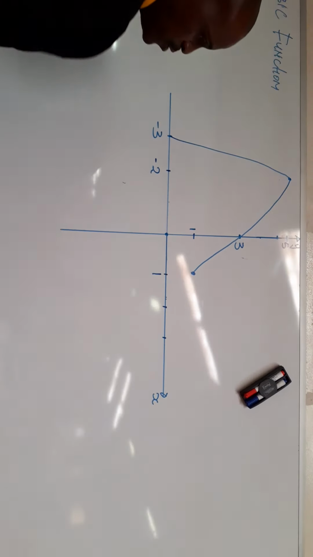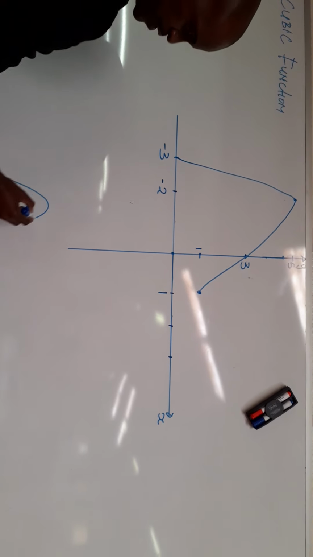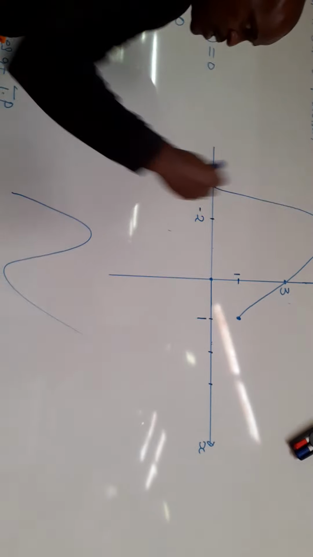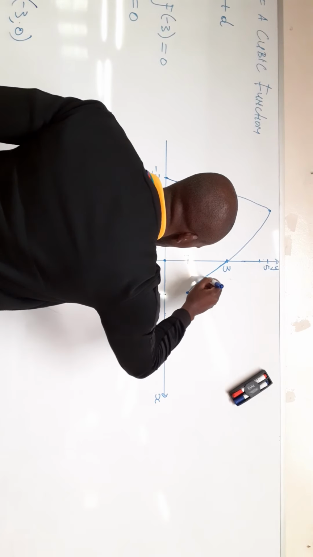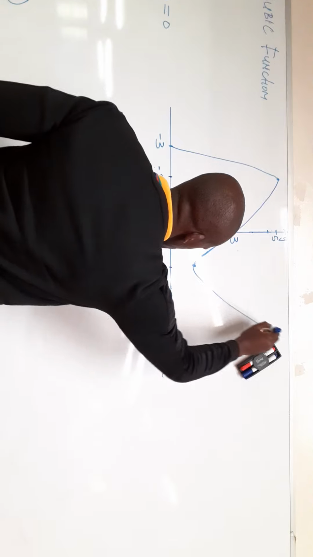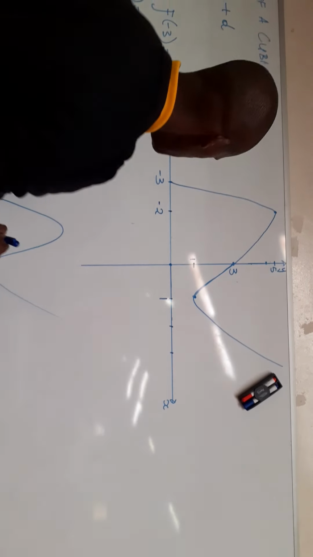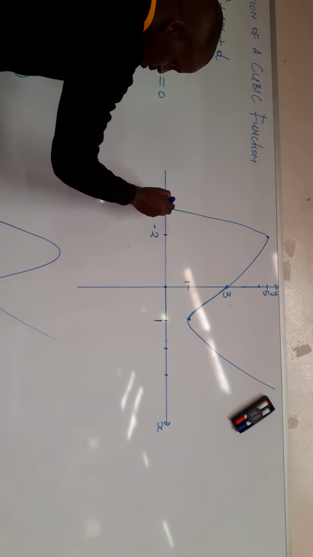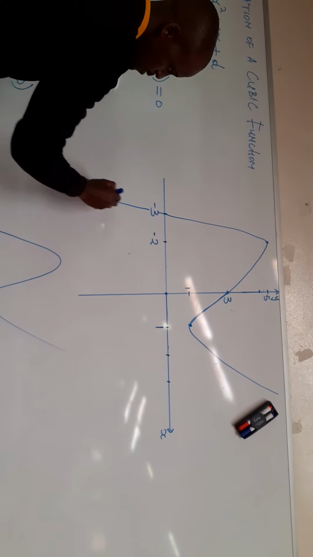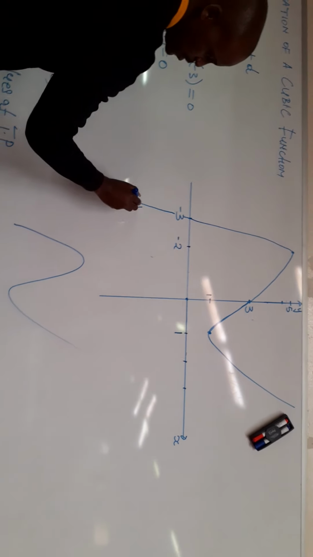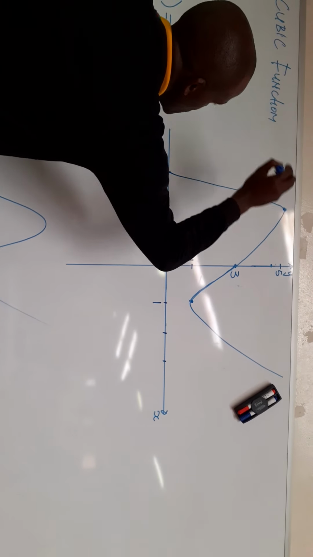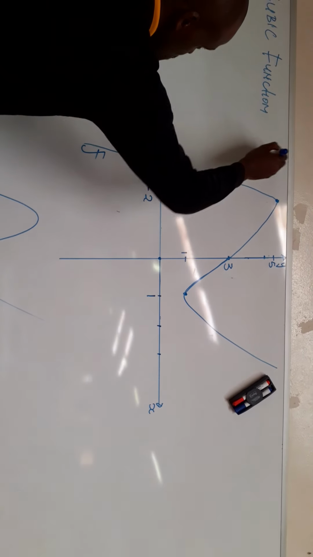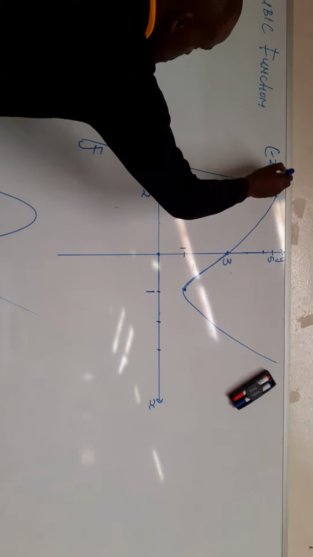Remember, this is the turning point of an increasing function, obvious. So this is the turning point. This is the function of f. Our turning point is -2:5.